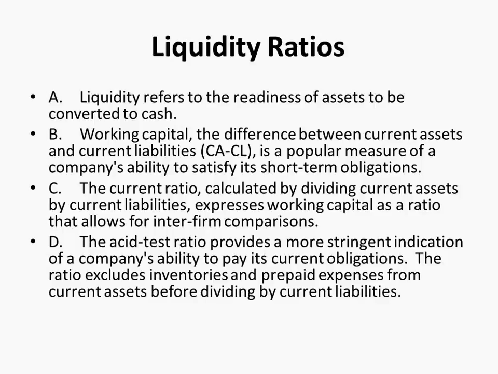So the asset test ratio is a little more stringent. Are inventories and prepaids necessarily going to help you pay your bills really fast, even though they're current? So the asset test ratio is even a little bit more of a stringent measurement because it removes certain items like inventories and prepaid expenses from current assets before calculating your ratio.